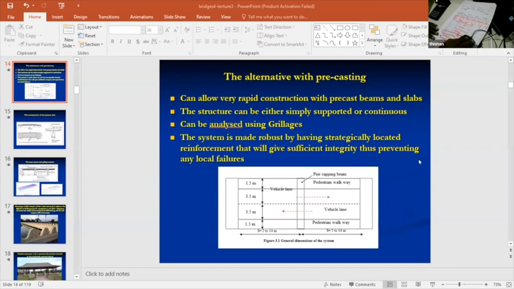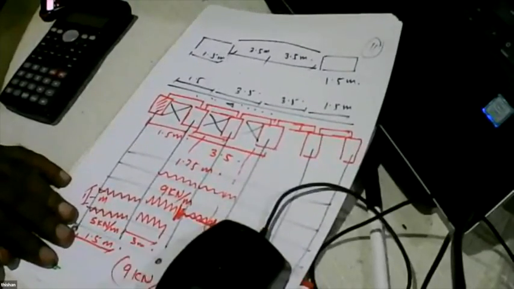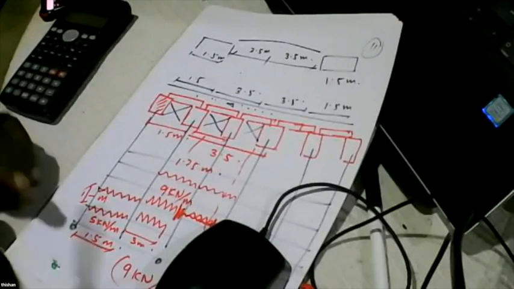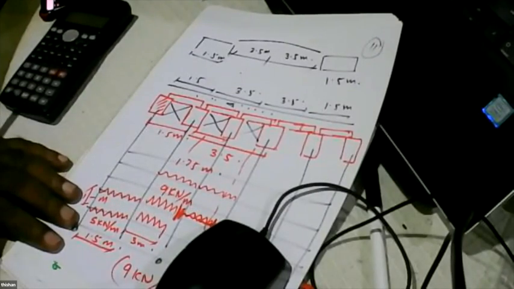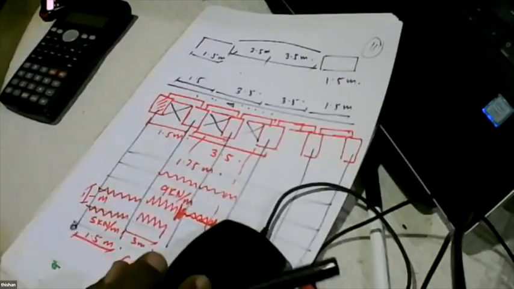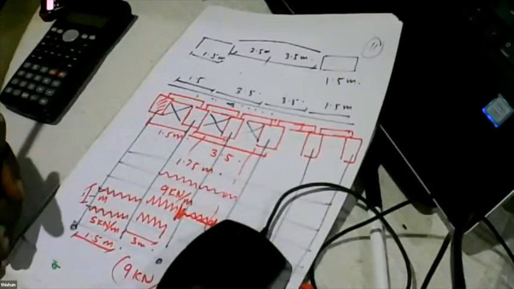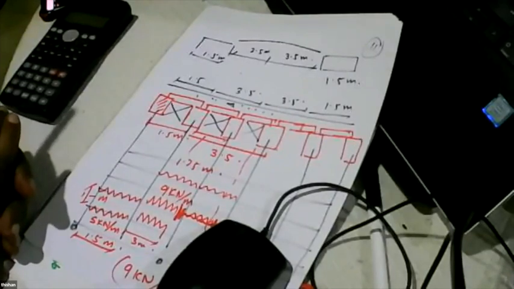For that reason, we prefer removing part of the slab and coming up with beam slab construction. Once you have that, you have to find the reinforcement after performing an analysis using SAP 2000 or any other software. That is the real ground situation with respect to reinforced concrete bridges, and they are actually economical.